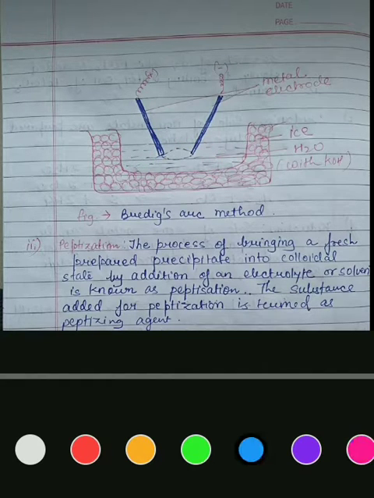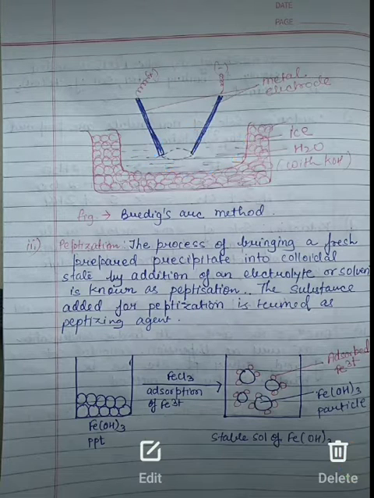You can see here, in the solution we will get the colloidal sol. So this is about Bredig's arc method. You only have to remember that this method follows two steps, dispersion and condensation. Both processes take place.